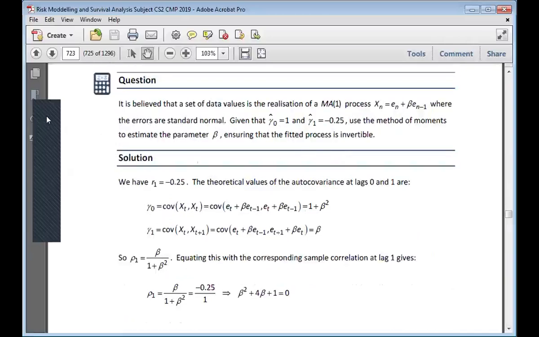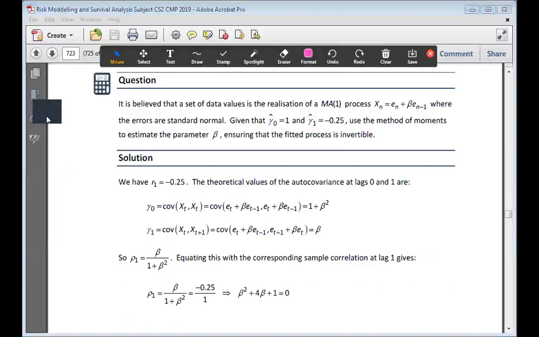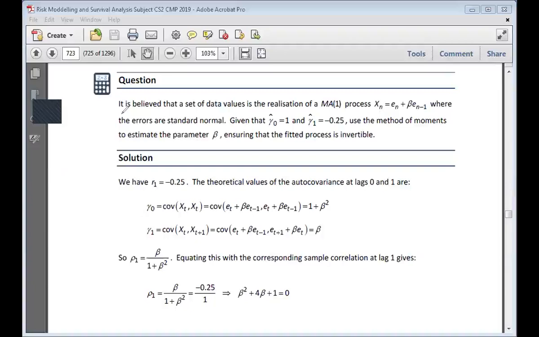So now what do we have? We are asked to believe that there is a set of data values which is realized from an MA1, and the process is something like this, as likely an MA1 would be. The errors are standard normal, check.